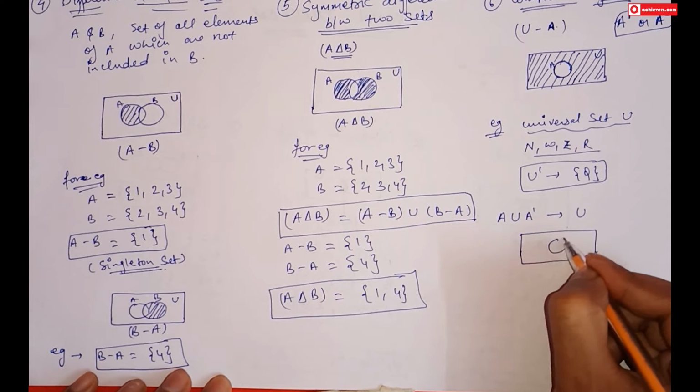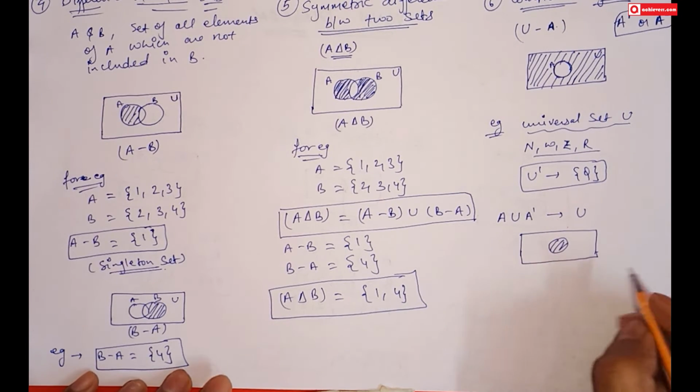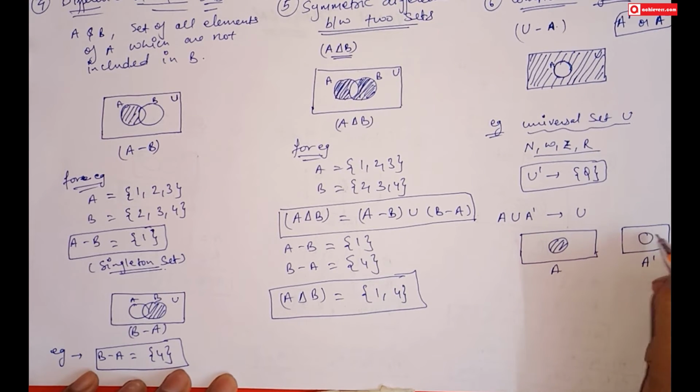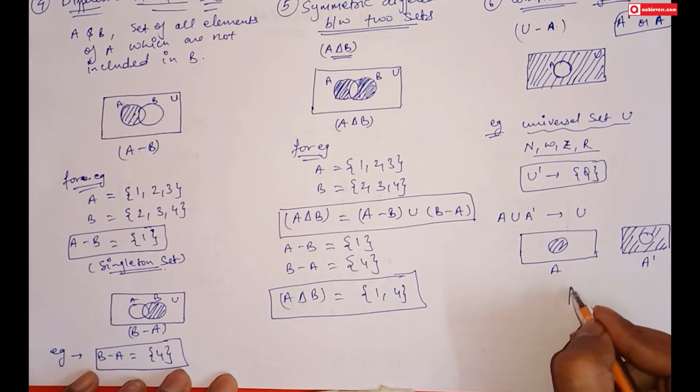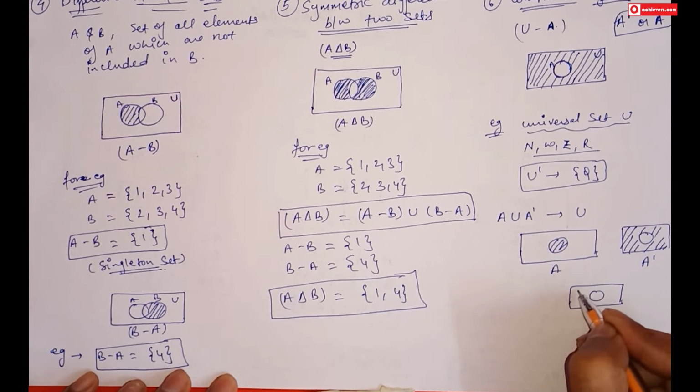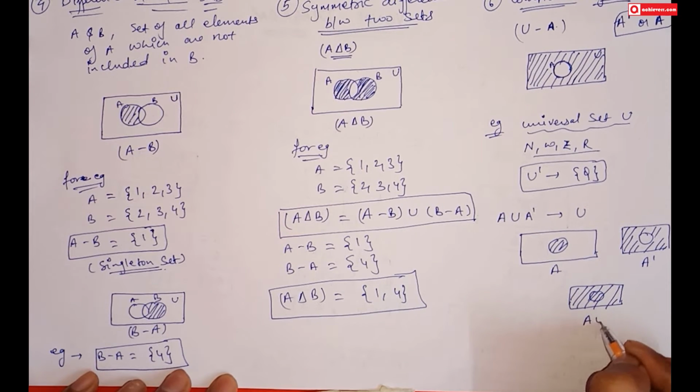Like we have set A, and this will be the complement of set A. So what will be the union of A and complement of A? It will be this whole portion. So A will also be included in this. So A union A complement will be the universal set.